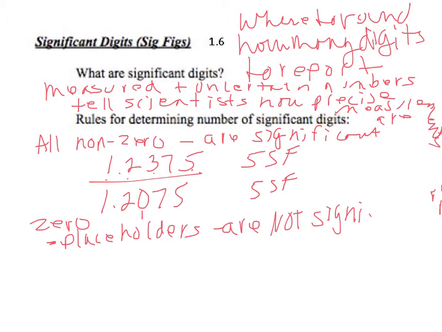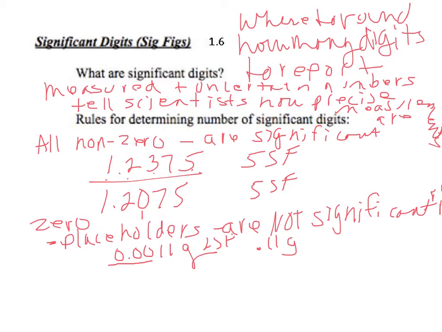It's not part of the measurement. We just need it there to indicate magnitude. So for instance, if I have 0.0011 grams of something, these 3 zeros are there to hold place, because I can't write this number as 0.11 grams, right? It's there to indicate magnitude or to hold place. So this number would only have 2 sig figs.